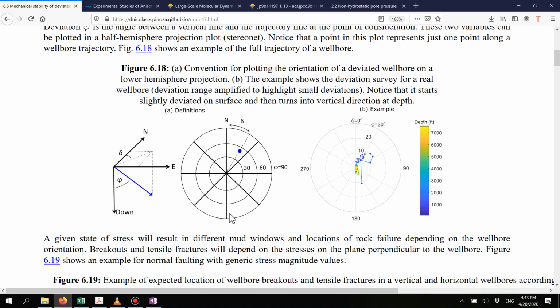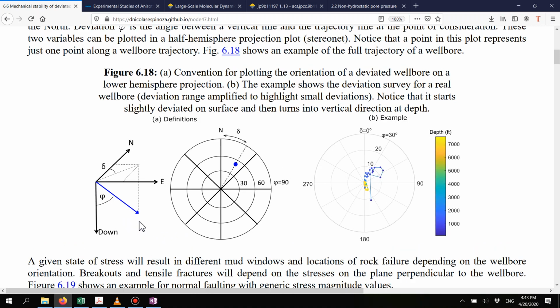The deviation of a wellbore can be quantified by the angles of azimuth and deviation of the wellbore. These two angles depend on the orientation of the wellbore. For this example, let us consider that the wellbore is being drilled in the direction northeast.